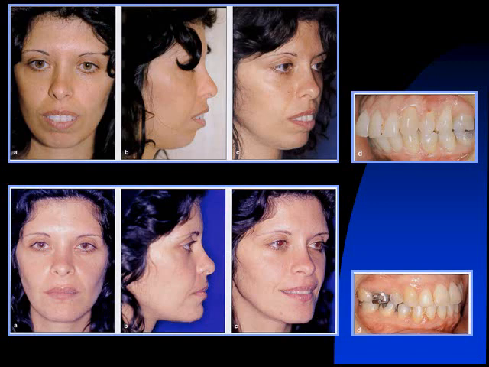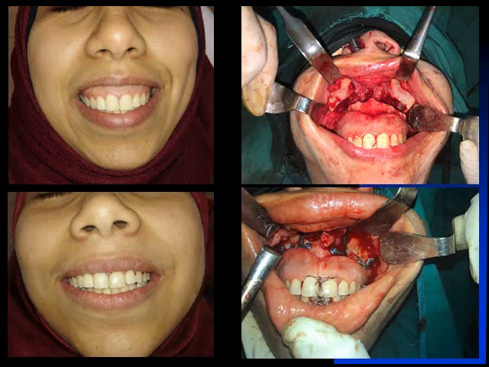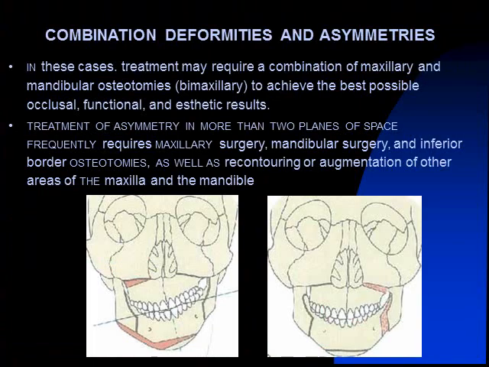This case with maxillary protrusion and maxillary excess is treated by anterior maxillary osteotomy and upward repositioning, with good results.